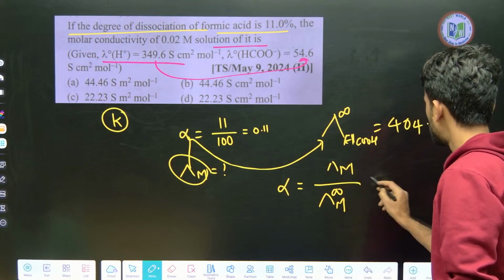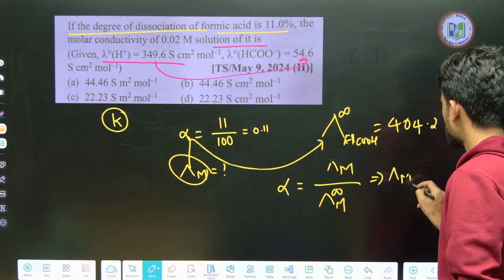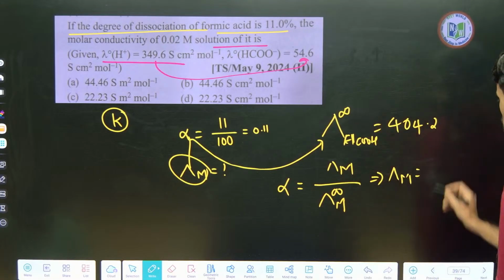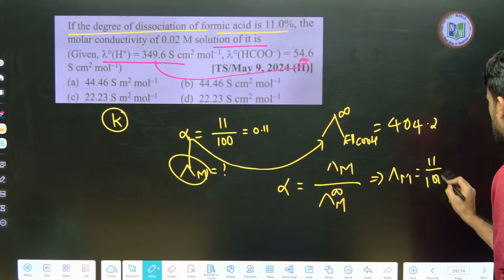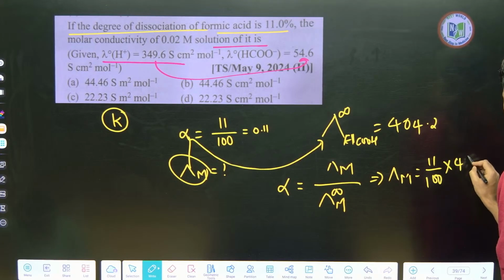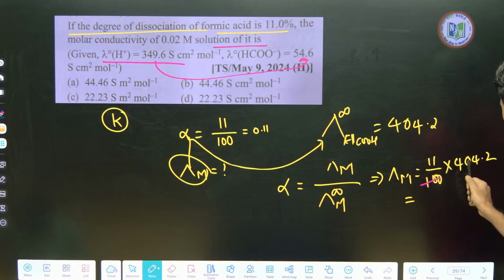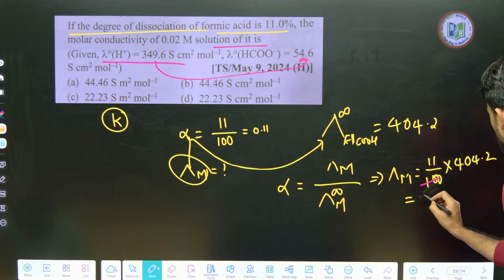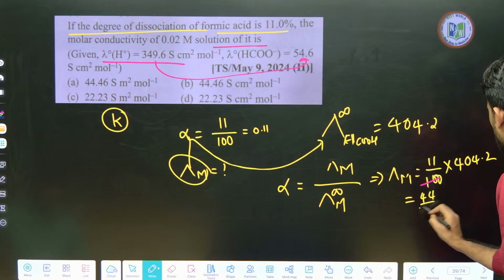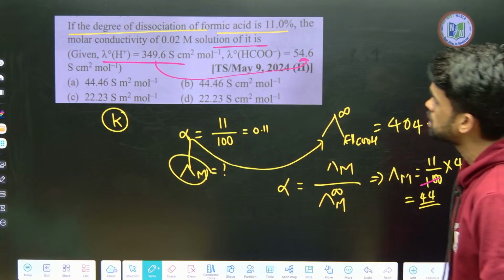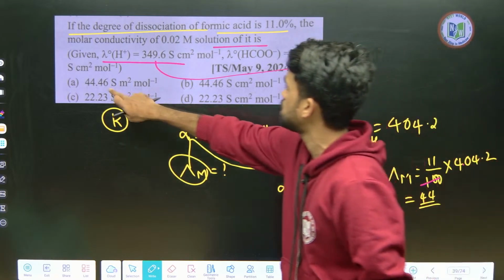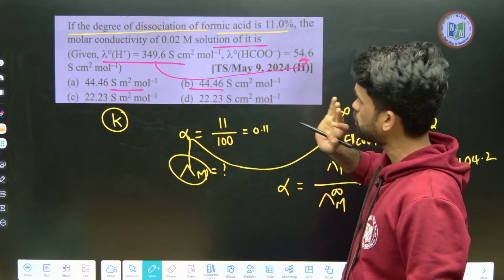So tell me now, from this del M will be 11 by 100 into 404.2, that is nothing but you will get 44.46, so 44 type of answer. Where do we have 44 type of answer? Yes, we have these two answers as 44.46, right?